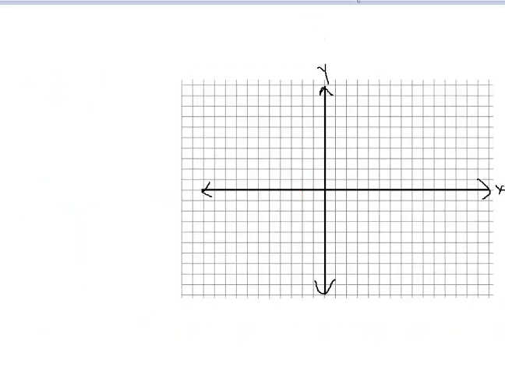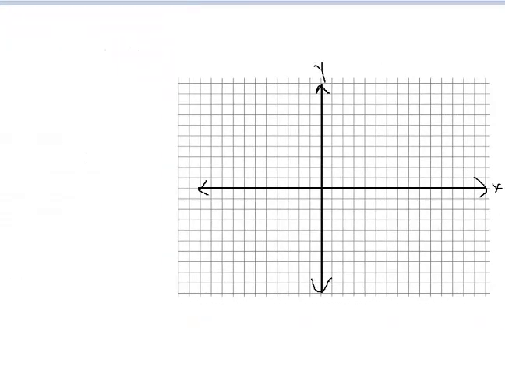Next, let's look at the concept of slope. We've got a line that starts over here. Whoops, let's get our graph back. There we go. We've got a line that starts over here and ends over here. So, what is the slope of this line?